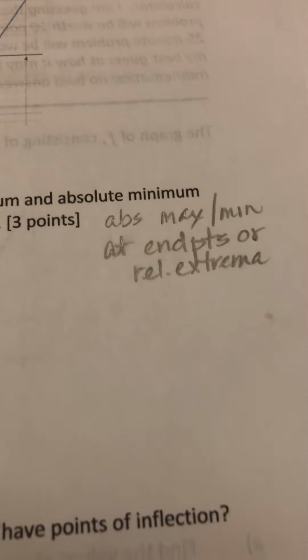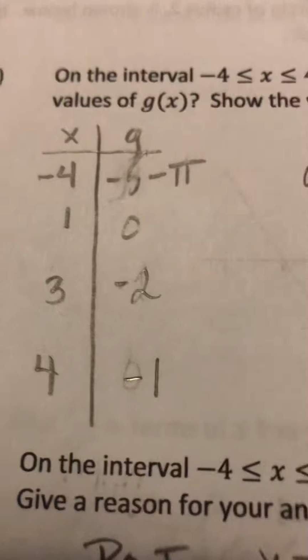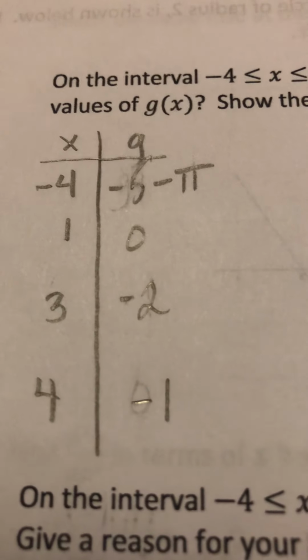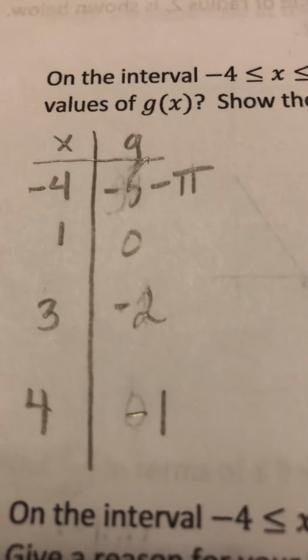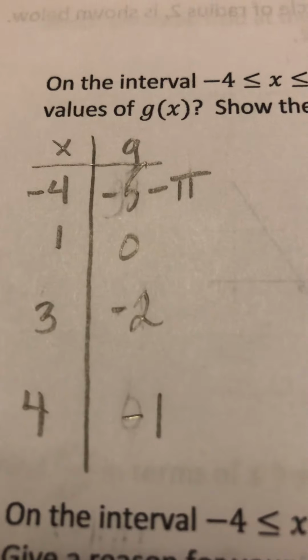And we just said in part B that we have a relative max at x equals 1 and a relative min at x equals 3. And we had evaluated, coincidentally, negative 4, 1, 3, and 4 in part A. So we see our absolute minimum value is negative 5 minus pi, and the absolute maximum value is 0.